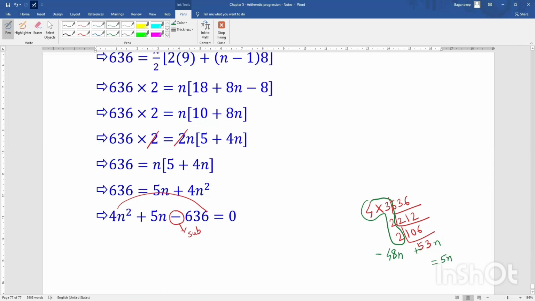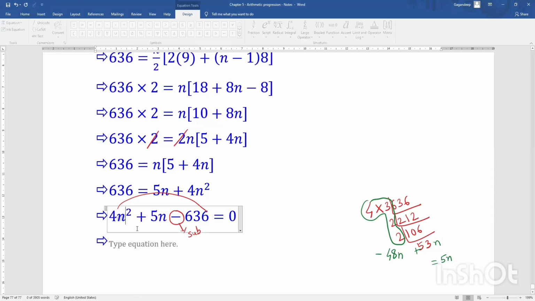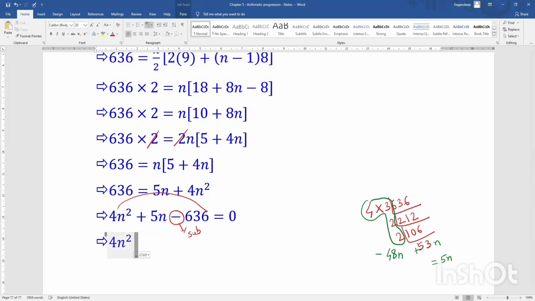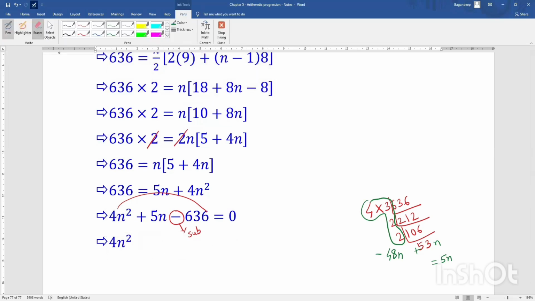Right, children? So we are going to write that here. So that means 4n square.